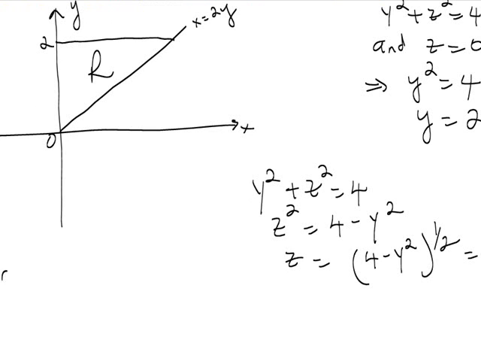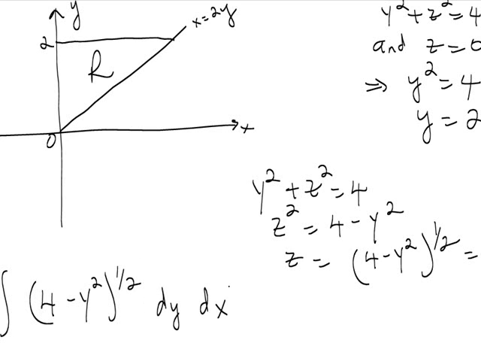So we have the double integral of 4 minus y squared to the half. Let us decide. Do we want this to be horizontally or vertically simple? Now, be smart. If you want it to be vertically simple, you want it to be dy dx. Do you want to integrate this thing with respect to y? Look at that.